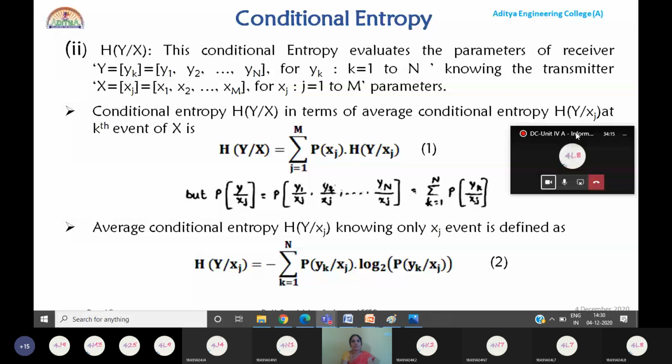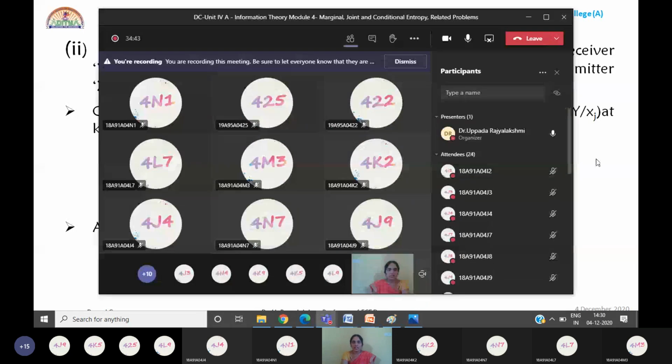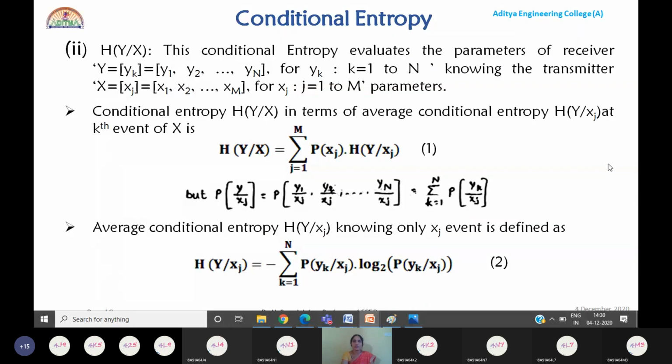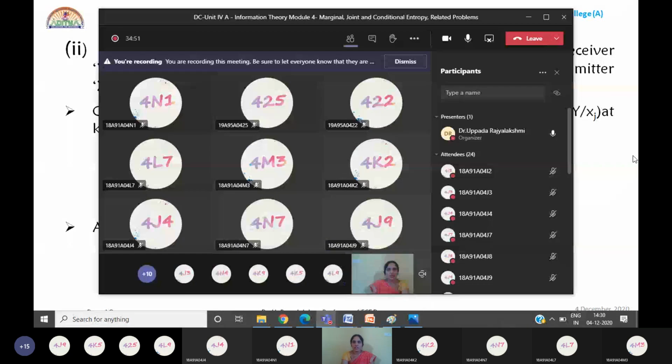Because I already completed this portion in the last class, I request any one of the students to please revise this concept, since I am revising almost everything again. I request any one of the students to revise the derivation for H of y by x. The procedure is almost similar to the H of x by y calculation.